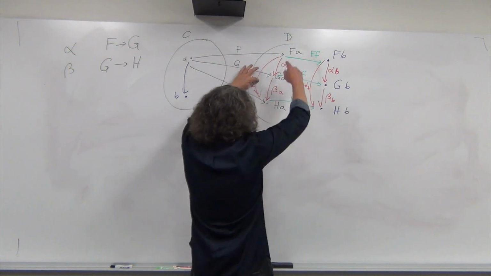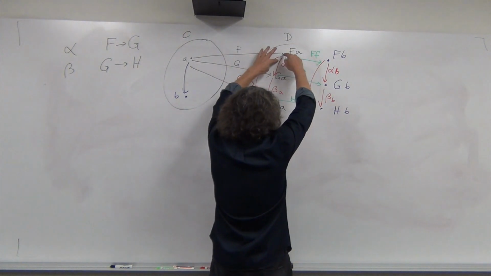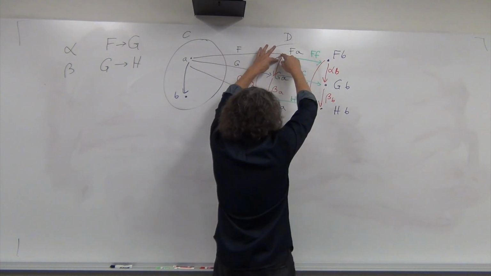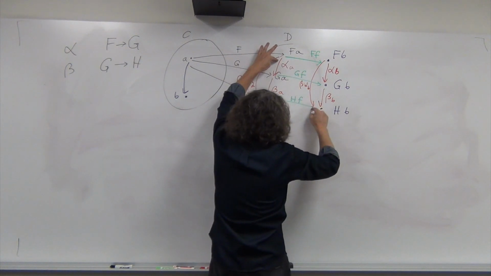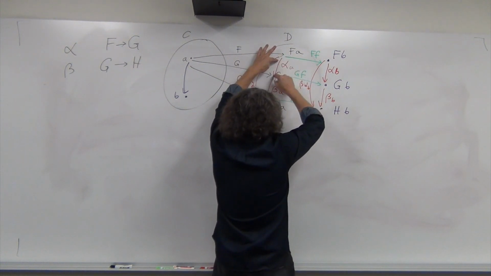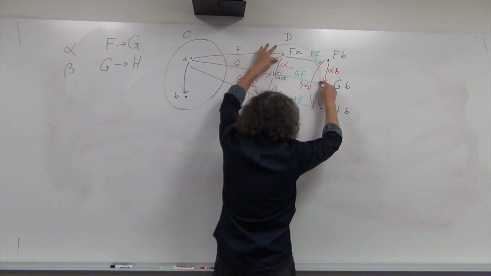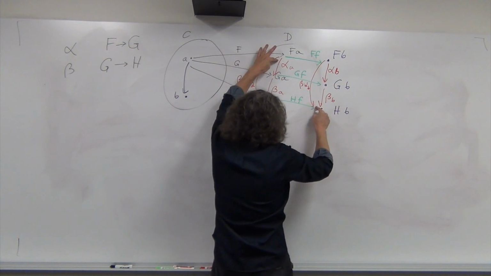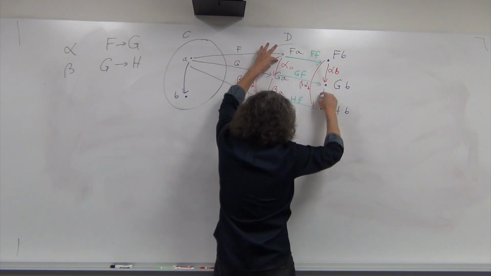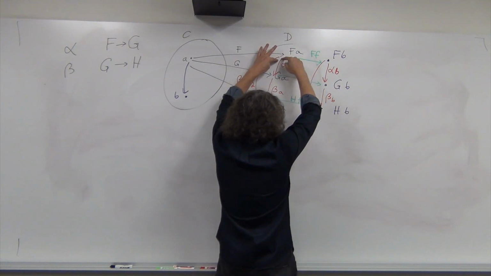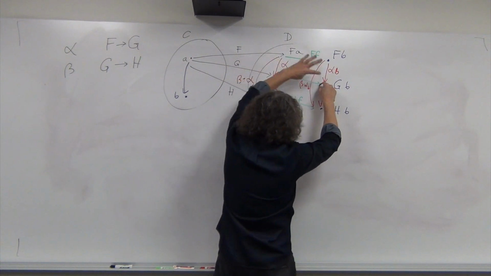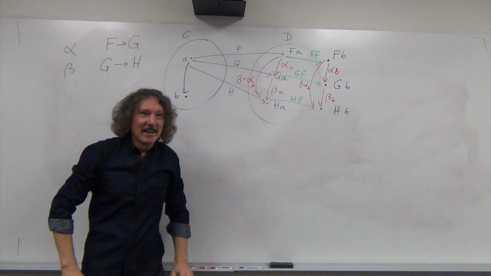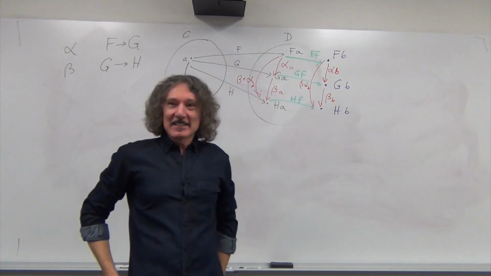So instead of going this way, I can go this way and then turn here and then here. And by naturality it's the same. But instead of going this way, I can turn here and go this way by naturality of this square, and then down here.